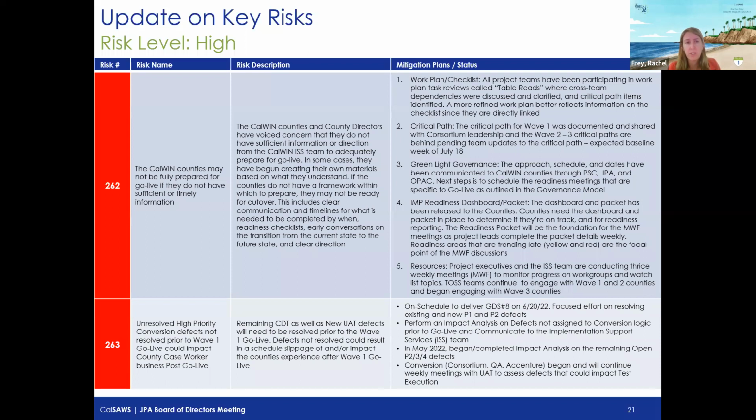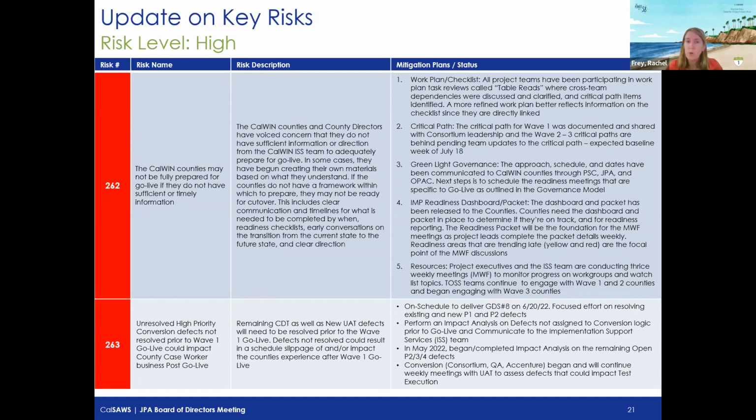We've also provided the wave 1 counties with a communication roadmap for what the OCM team will be providing them, so they can be aware of what is upcoming in terms of communications around the migration.